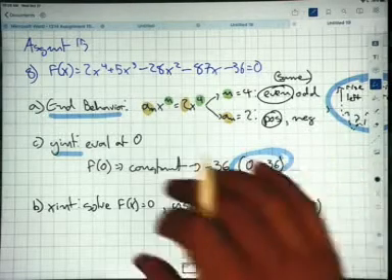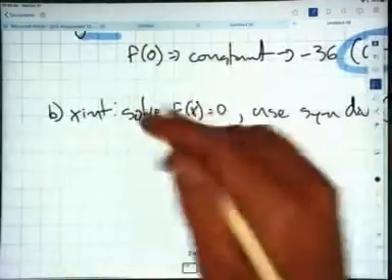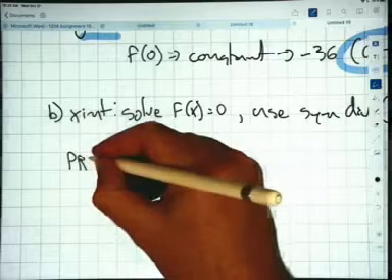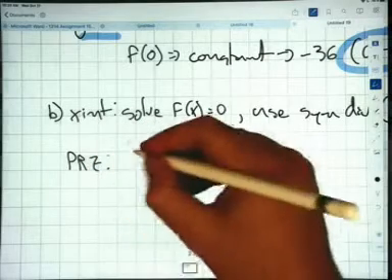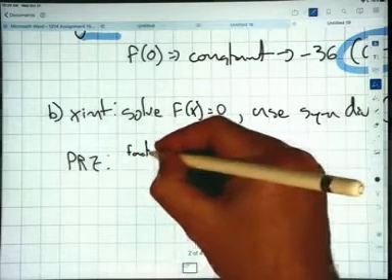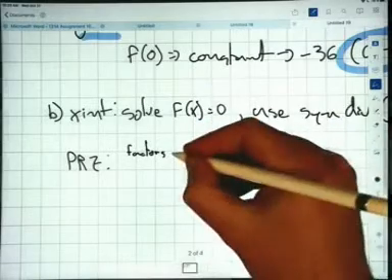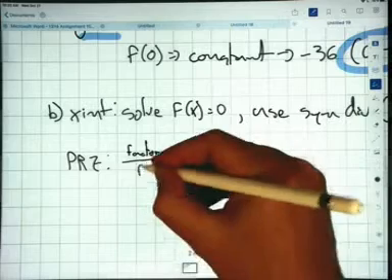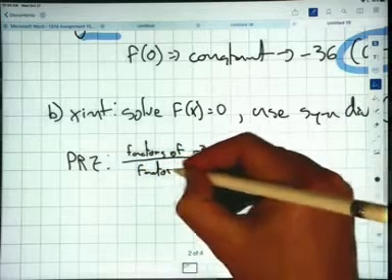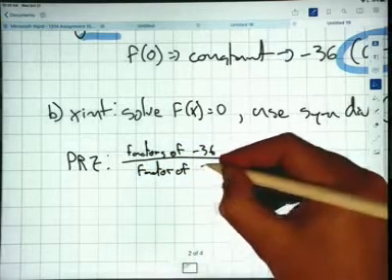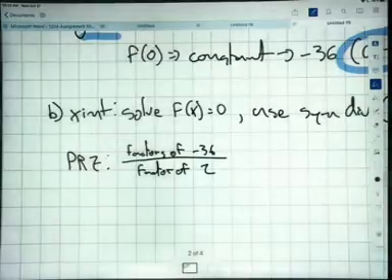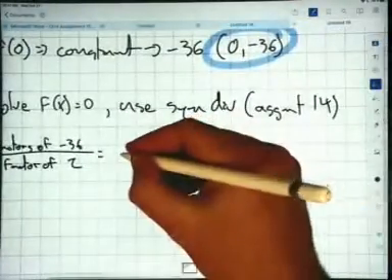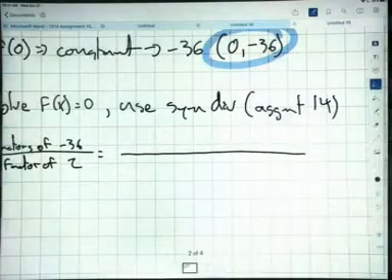So, let's begin. The first thing that we need are the possible rational zeros. To find those, we look at the factors of the constant divided by the factors of our leading coefficient, which is 2. Let's start listing things out. What are the factors of 36?